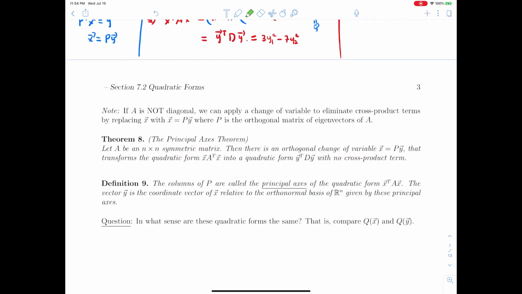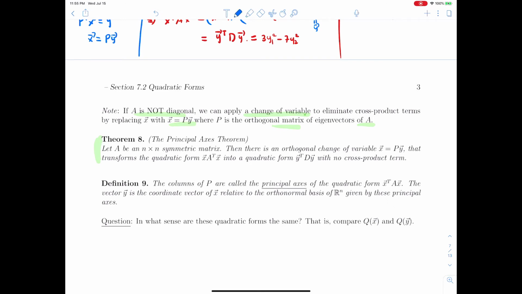So for the case when A is not a diagonal matrix, we can apply the change of variable to kill the cross product terms by replacing x with P times y, where P is the orthogonal matrix of eigenvectors of A. Theorem 8 summarizes what we have seen above.